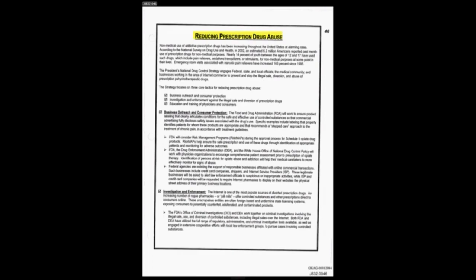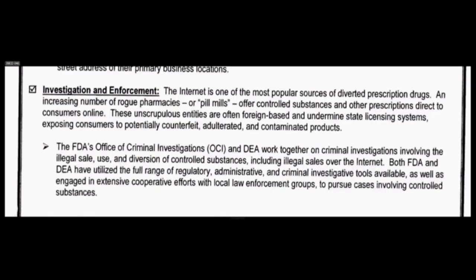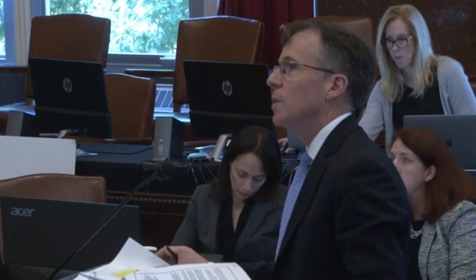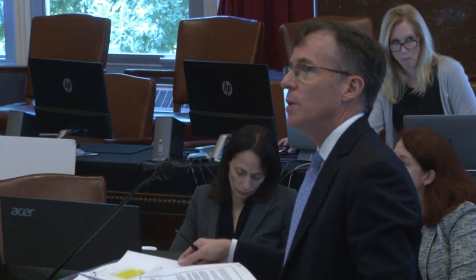What do you mean specifically? I'm sorry, you see the section on investigation and enforcement. Yes, I see those words. And one of the things reported was that at this time in 2004, the internet was becoming a concern as one of the most popular sources of diverted prescription drugs, correct?